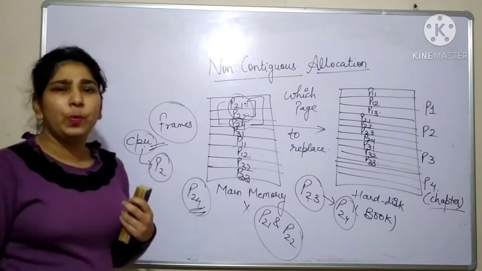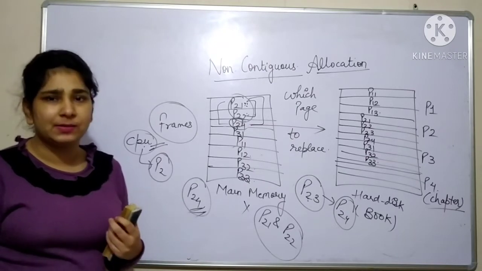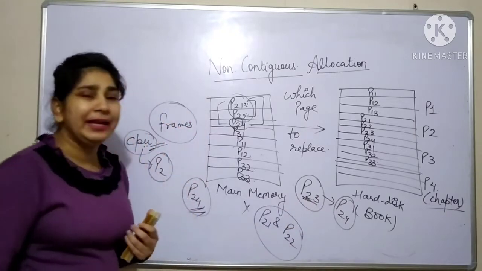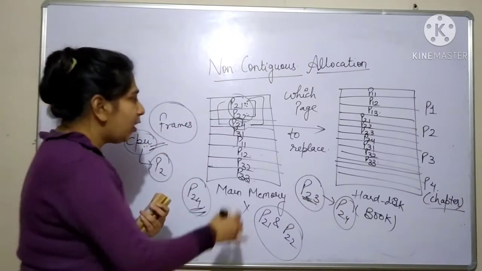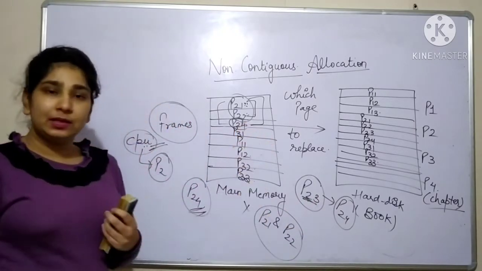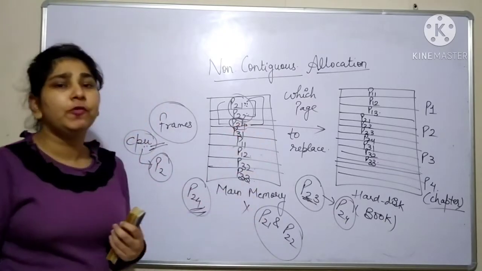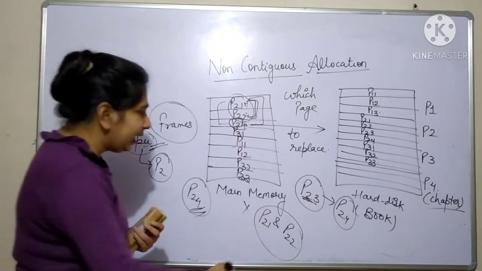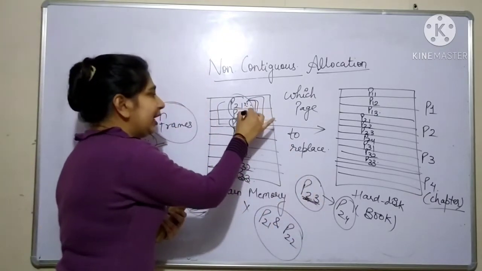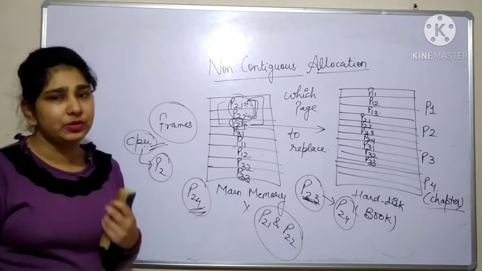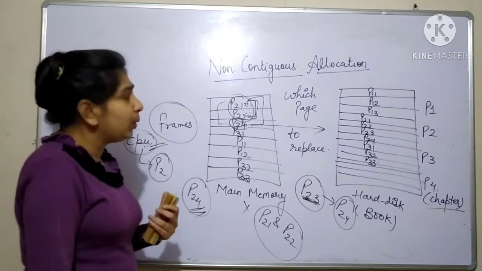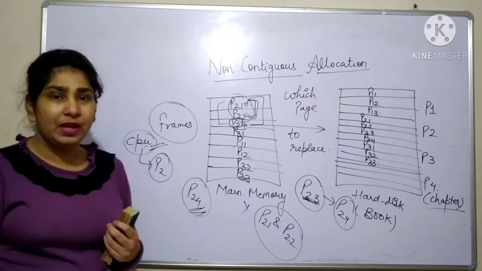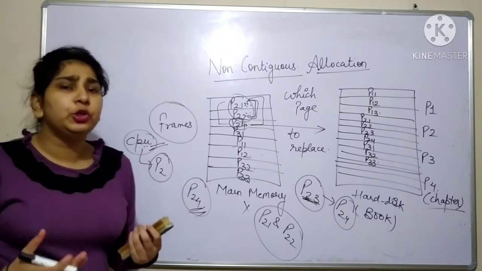They are just wasting your main memory space. If your CPU is requesting some page number P23, instead of pushing page P24 out, you push out these two pages and you keep page number P23 in place of these two pages.